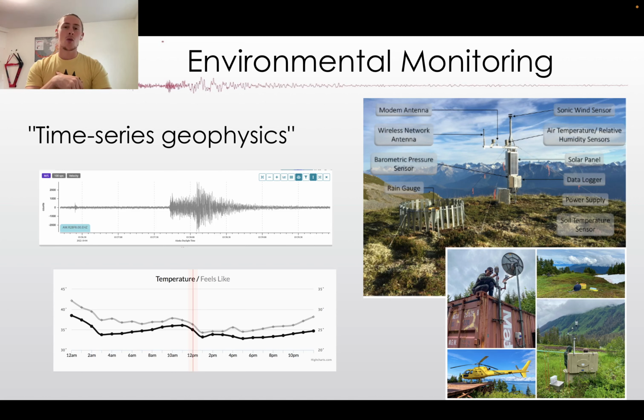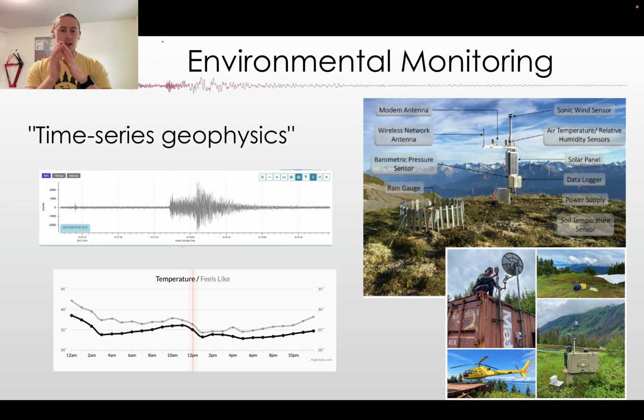But what we're talking about is time series geophysics environmental monitoring, which is a really fancy term. Geophysics is like earth processes, like ground motion. Weather is geophysics too.